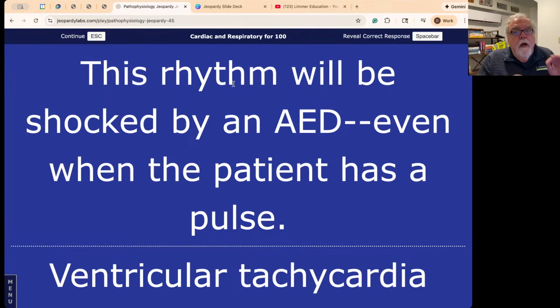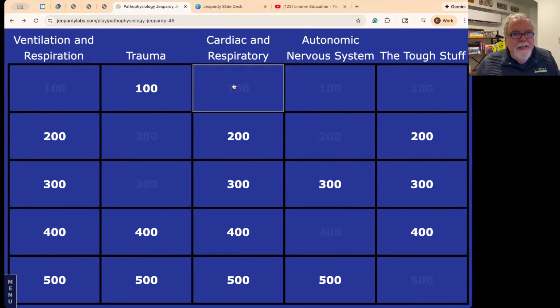Other rhythms you may find: asystole, which is flat line, and pulseless electrical activity, where you have lots of good squiggles but no pulse. That's often because there's not a lot of blood in there, and other reasons like that. So checking the pulse is important before using the AED.